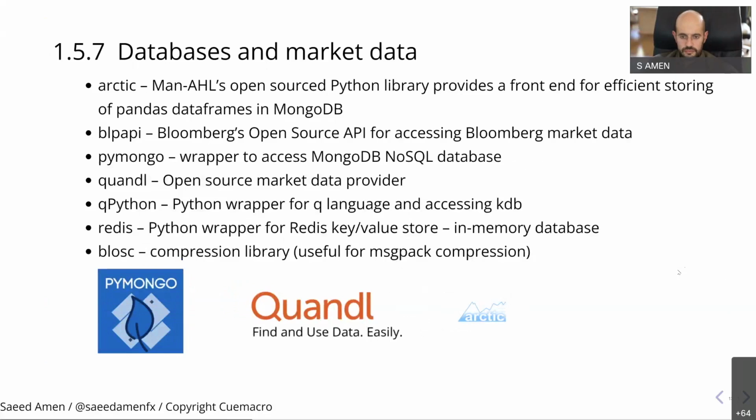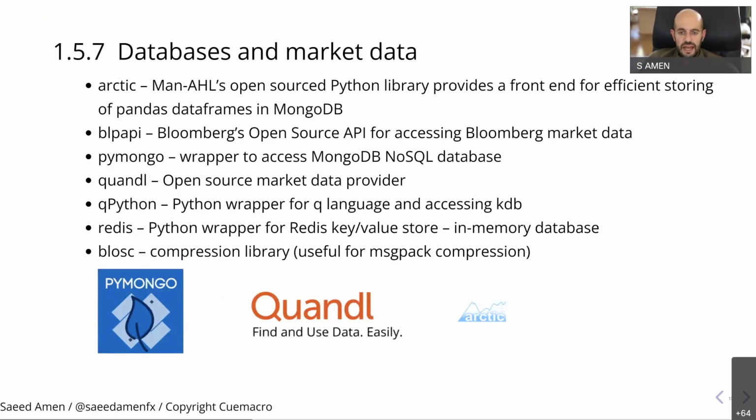So a big part of financial markets is actually storing market data. If we don't store market data and other sorts of data, we're kind of a bit stuck. We can't do anything. So these are some of the ways that you can get access to data. There's Arctic, which is basically a nice wrapper on top of MongoDB, which makes it easy to store time series in MongoDB like pandas data frames.